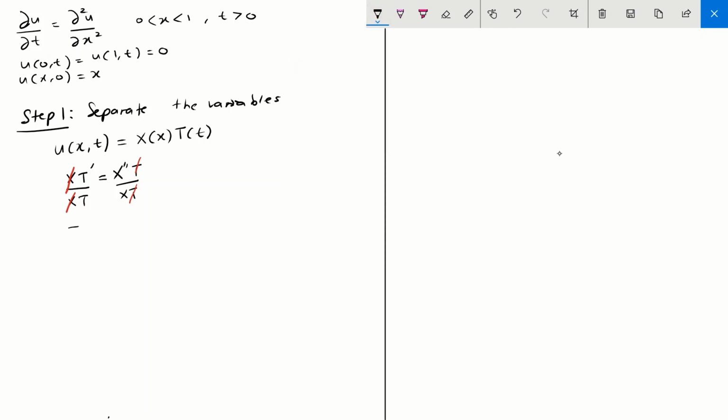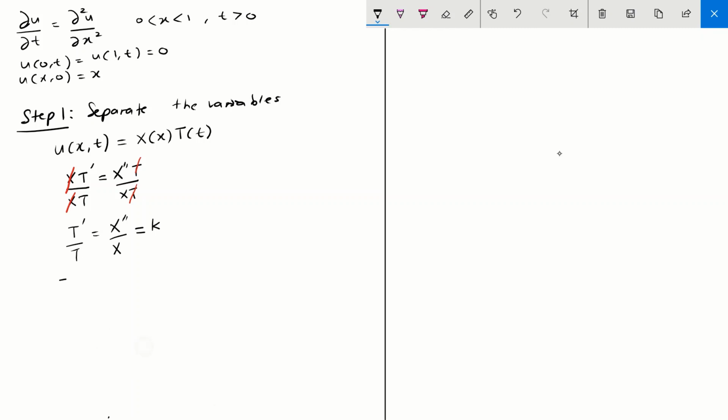Therefore we obtain two ordinary differential equations, and we can see that this PDE is a separable equation, since we can separate the t variable on the left hand side and the x variable on the right hand side. To preserve the equality, we let this equal a constant k.